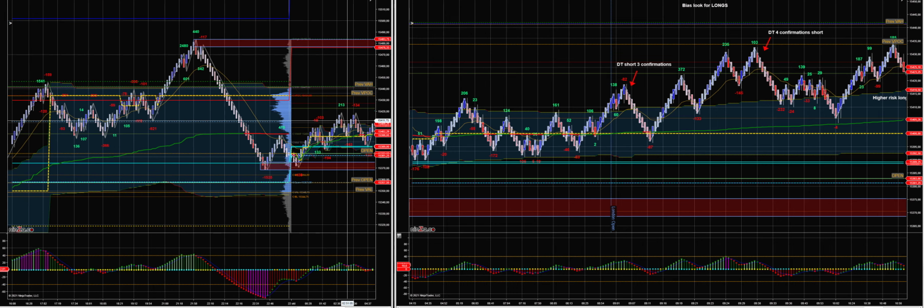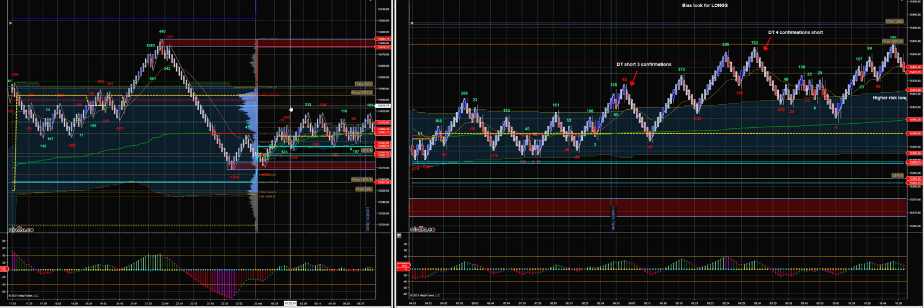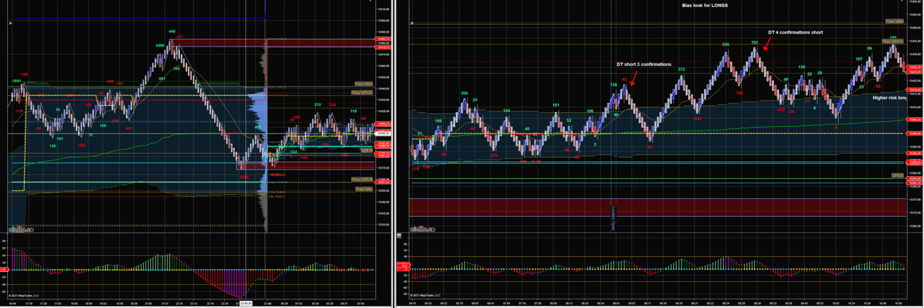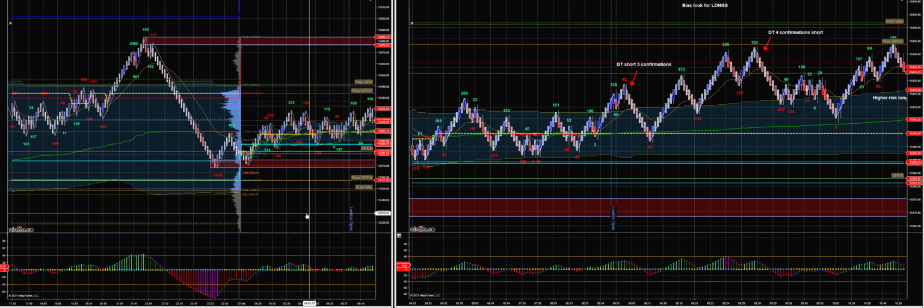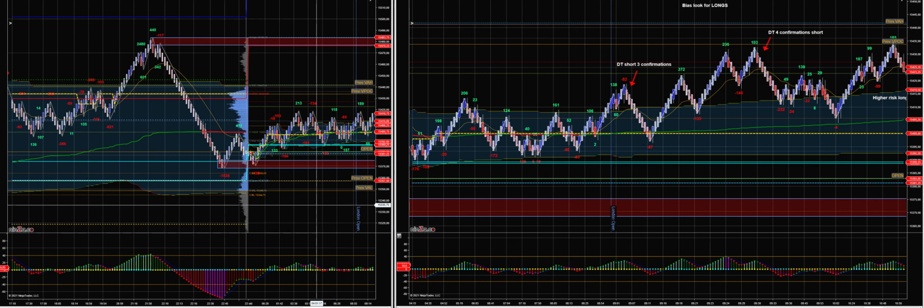We are now retesting it. I'm still thinking longs, but structure-wise it can go both ways. We can go up, we can go down, but I want to see more continuation to the downside and below this zone to say, okay, I'm going to look for shorts. Primarily I'm going to look for rotations to the upside, longs.